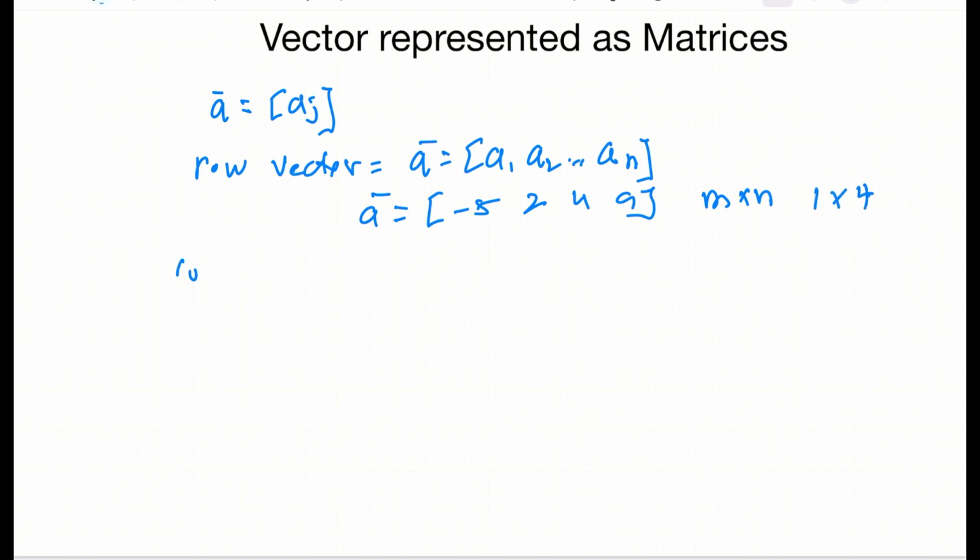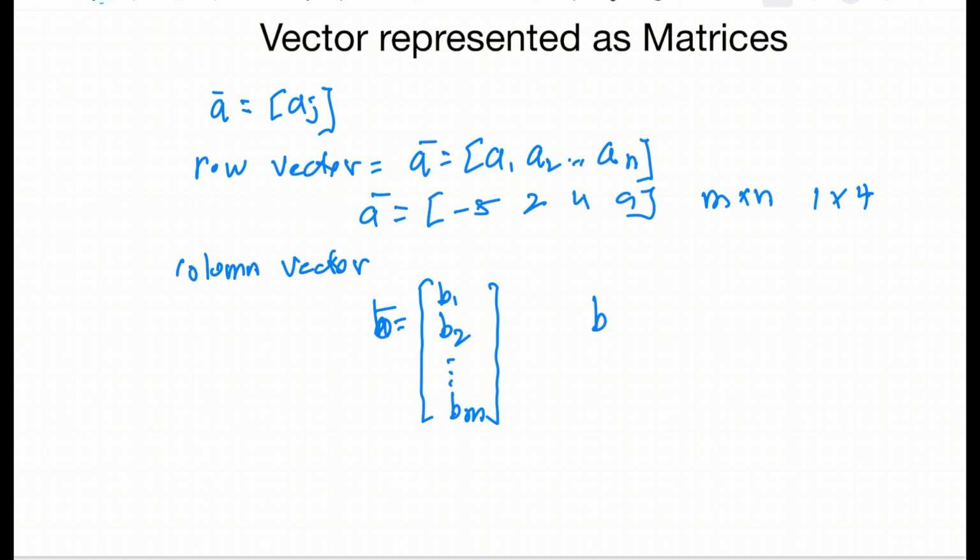Now if we make a column vector, and as you might guess, that's going to be in the form of a column. We'll call this B, just to keep them separate. B1, B2, all the way down to B sub M, because we have M rows.